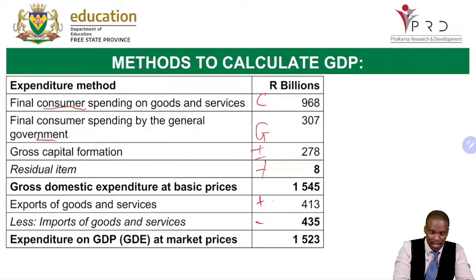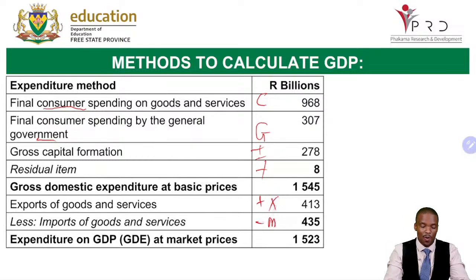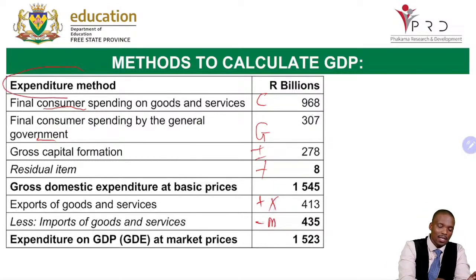Remember this one, we said the exports take the letter X and then the imports take the letter M or Z based on different textbooks that we are having. So in other words, grade 12, if you see the formula C plus G plus I plus open bracket X minus M, we know which method is that?